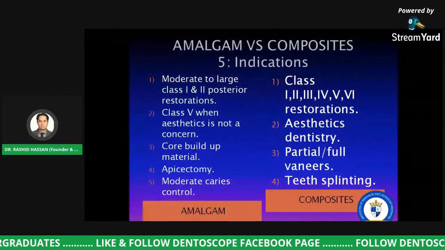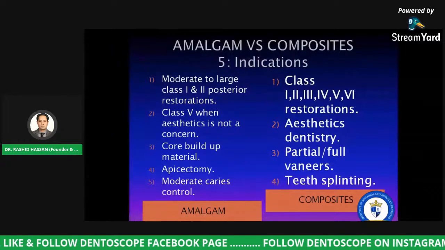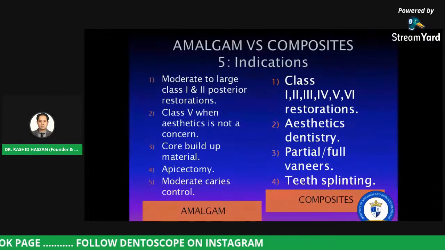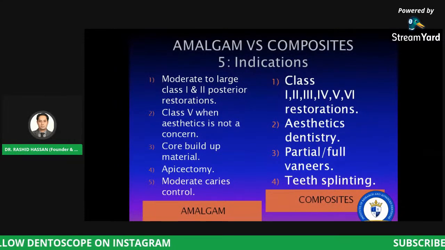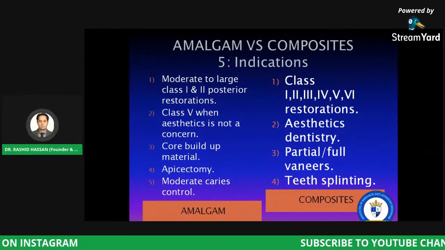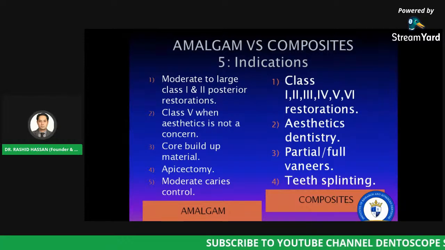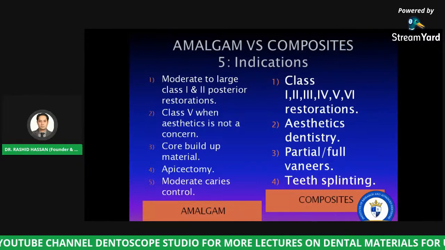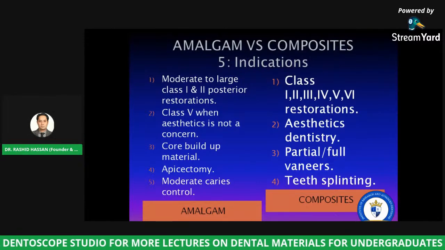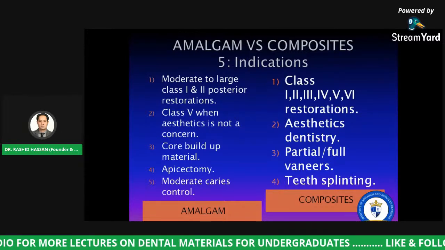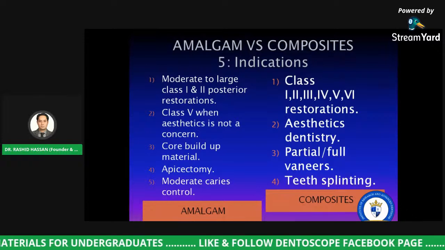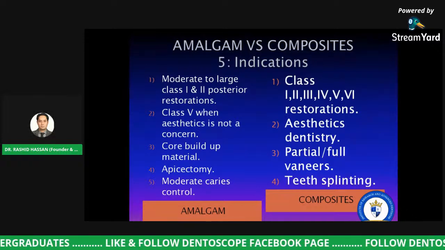Veneers are always preferred in patients who have discolored anterior teeth, which cannot be lightened by the normal tooth whitening procedure, and in those cases we give veneers. If we directly give a veneer with the help of dental composite, that requires a lot of expertise. But dental composite is the material of choice for direct veneering.